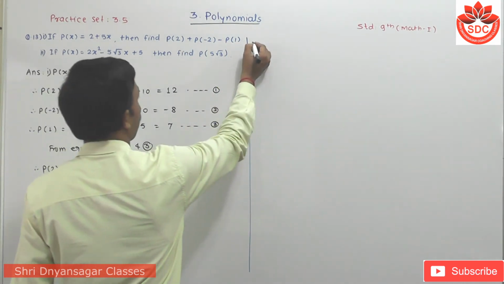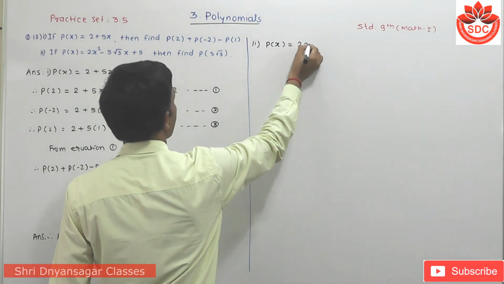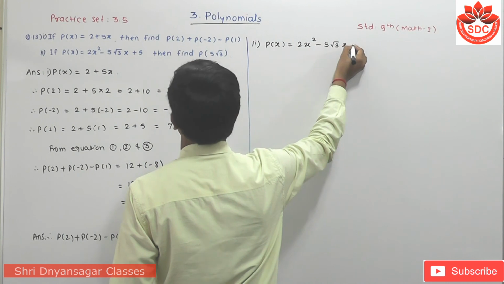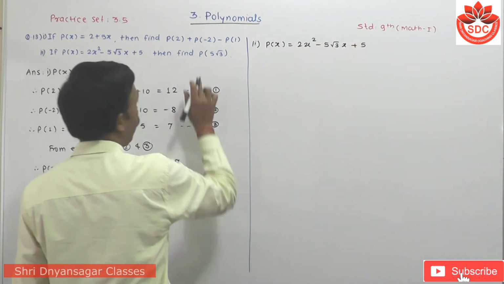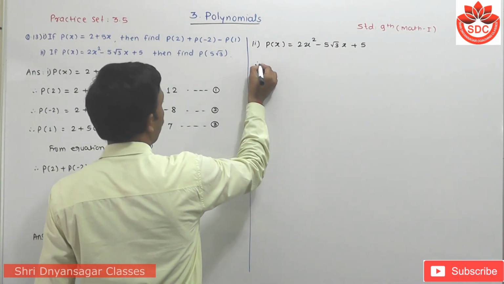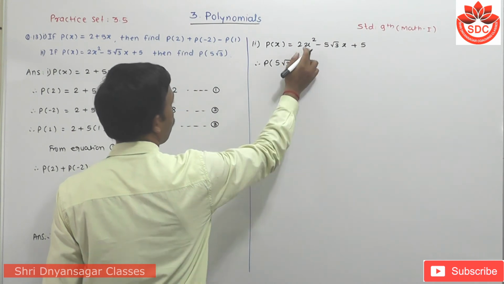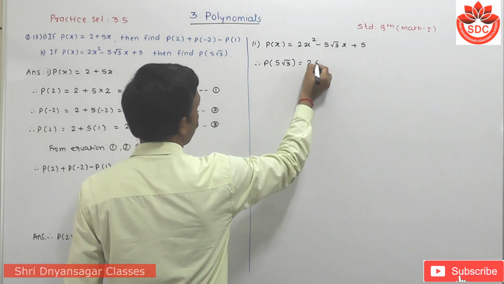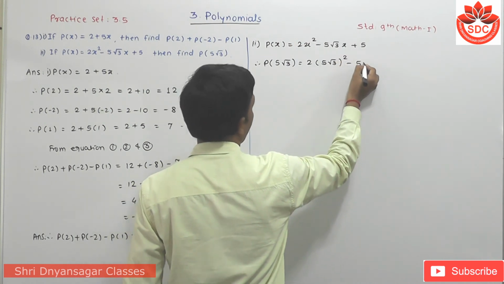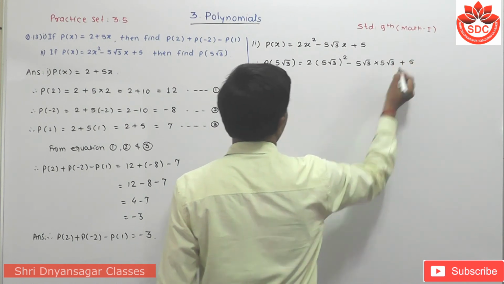Then we take the second. p of x is equal to twice x square minus 5 root 3 x plus 5. We have to find the value of p of 5 root 3. Therefore, p of 5 root 3, means substitute the value of x as 5 root 3, that means 2 into (5 root 3) square minus 5 root 3 into 5 root 3 plus 5.